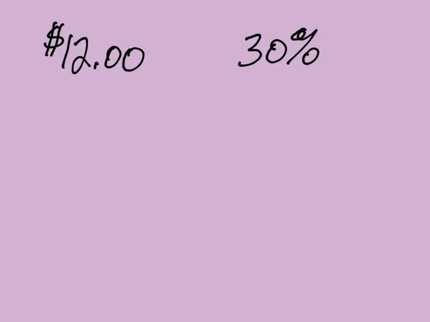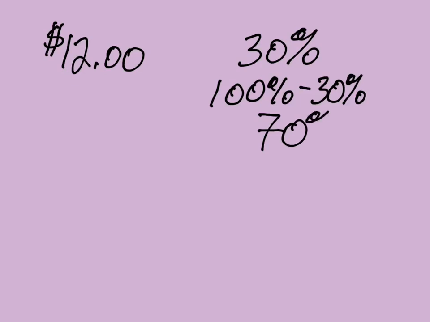So if I have something that normally sells for $12 and there is a 30% discount, that means that you are paying 100% minus 30%, you are paying 70%, because we had a 30% discount.